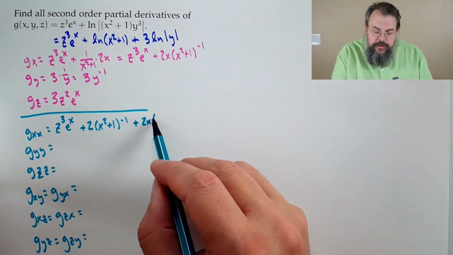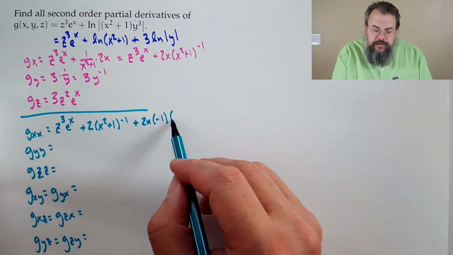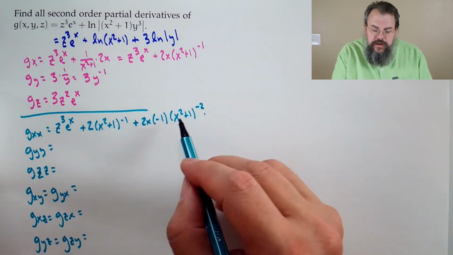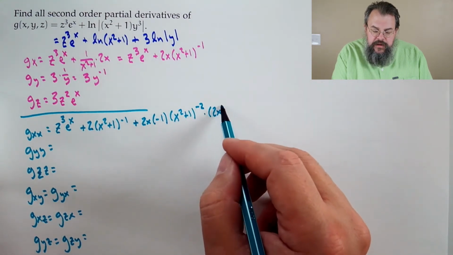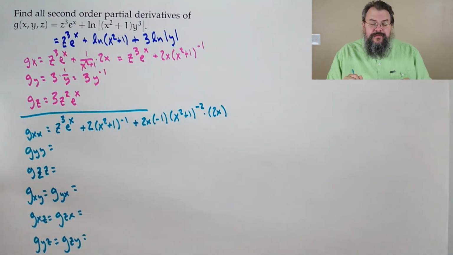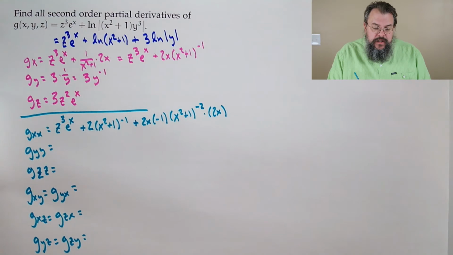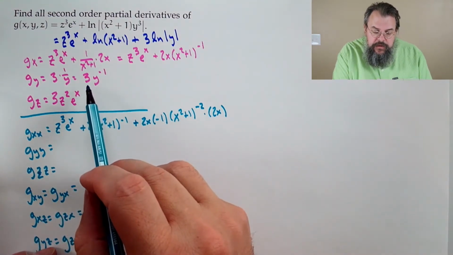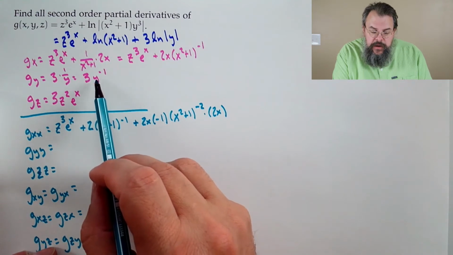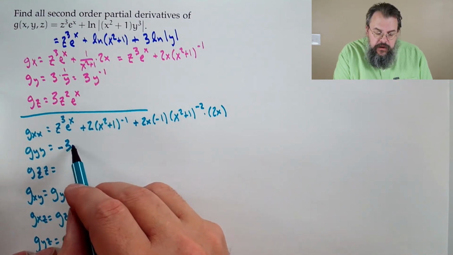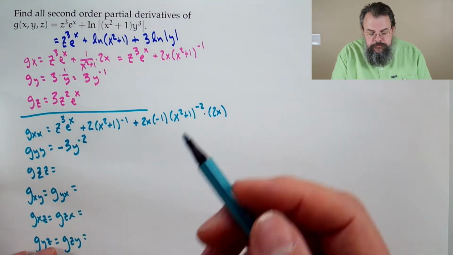Well, derivative with respect to x, so negative 1, x squared plus 1 to the negative 2 times derivative of the inside, 2x. They didn't say we have to simplify, so we won't. We'll just leave it like that. G, y, y, well, derivative of 3 times y to the minus 1 is minus 3 y to the minus 2.